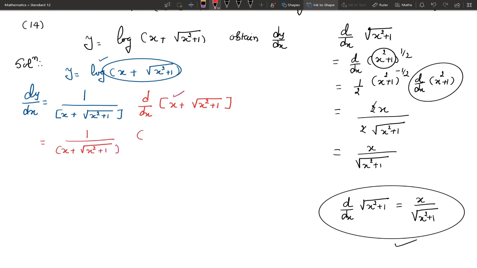Derivative of x with respect to x is 1 plus d by dx of, so as we obtained, we put the value directly here, x upon under root x square plus 1. You can check this one.